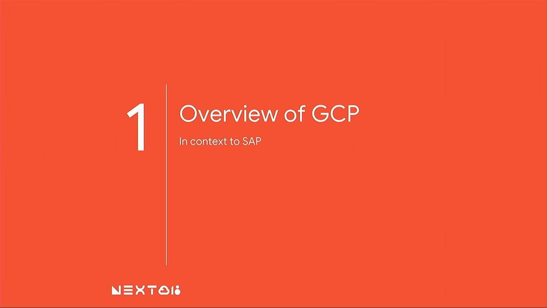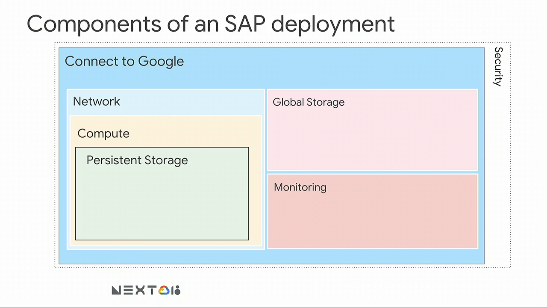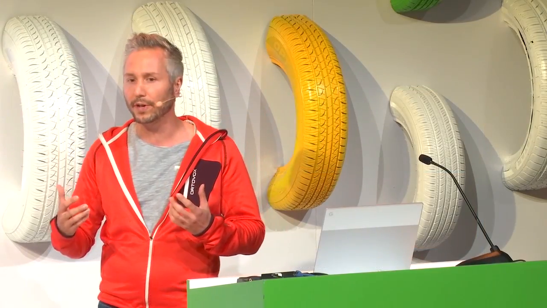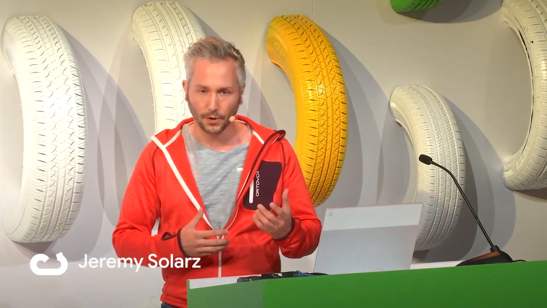So let's start with giving an overview of GCP in the context of SAP workloads. If you look at a typical SAP deployment on GCP, it normally consists of the following components. First, you need to think about how to connect to GCP data centers. Second, you need to think about a proper networking setup. Third, you need to think about compute resources where you want to host your SAP workloads.